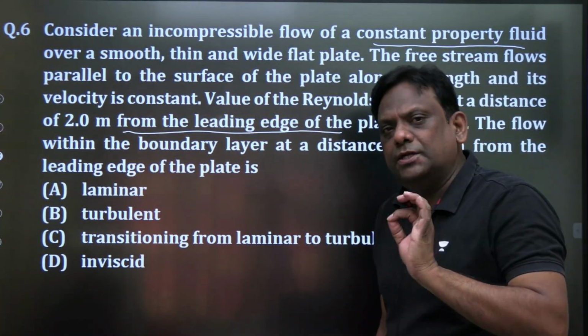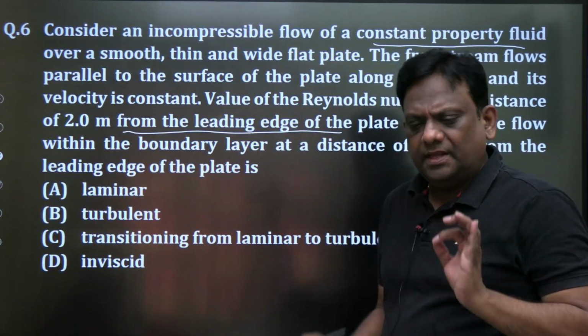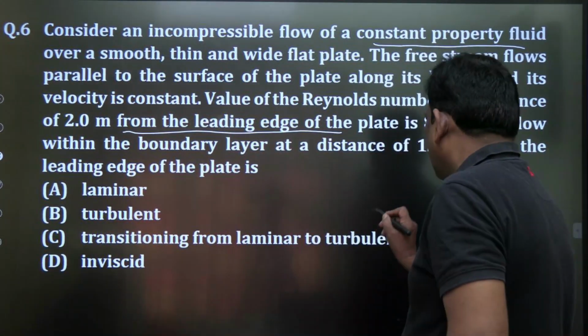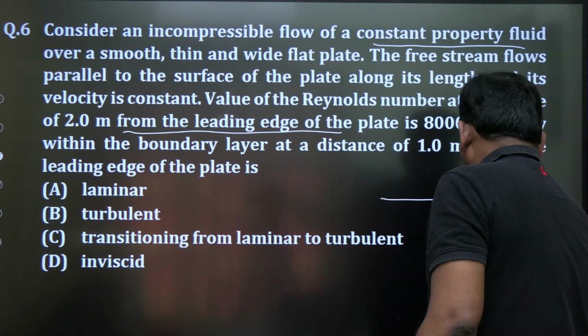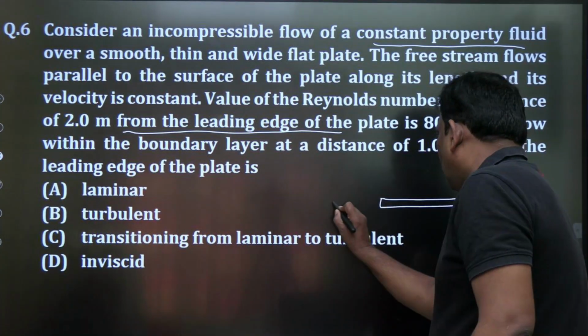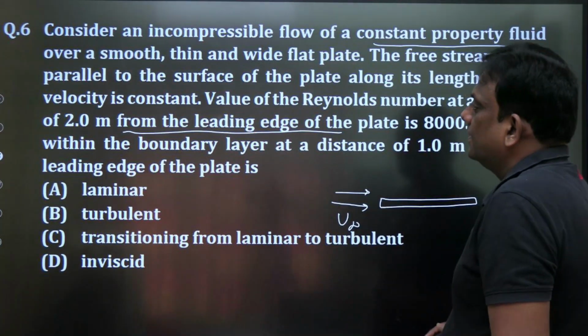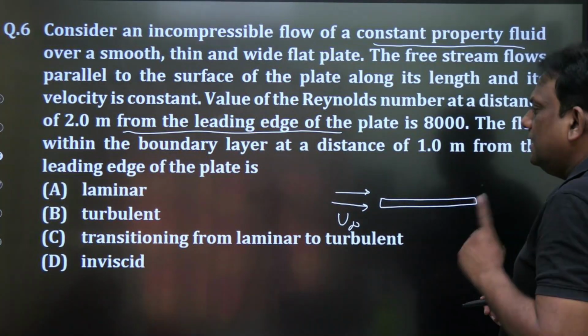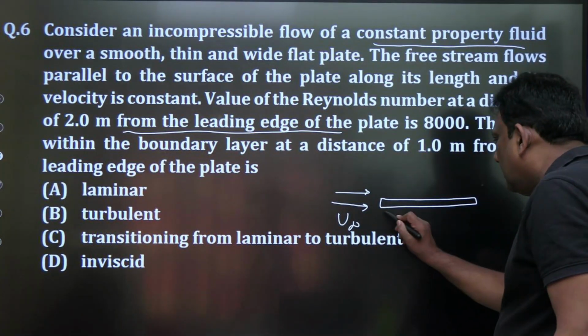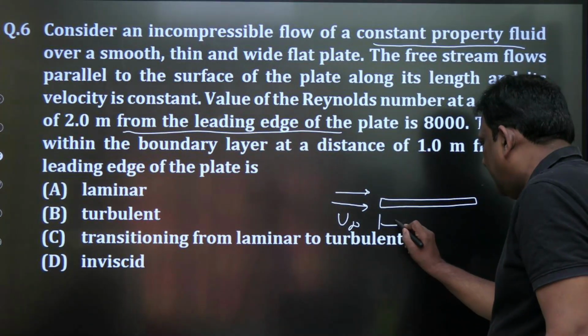There is no need to put pen on paper. It is a simple question. There is a plate and the fluid is flowing parallel to the plate. This is the free stream velocity. He said all distances are measured from the leading edge.